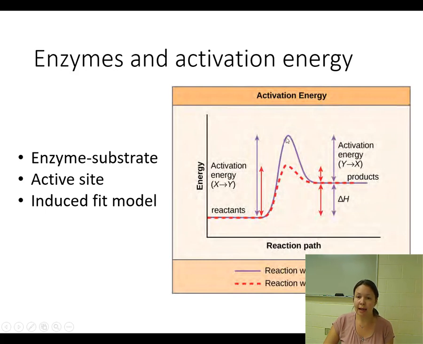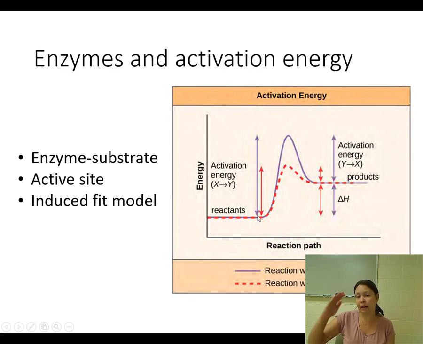And so you can see that we need to get over quite a bit of an energy hurdle in order for the reaction to go forward. But what's interesting is where you have a reaction and you include a catalyst or an enzyme, that activation energy decreases. So you can see the dotted line in red indicates that the total activation energy, which was up here in purple, has decreased quite significantly here in red.